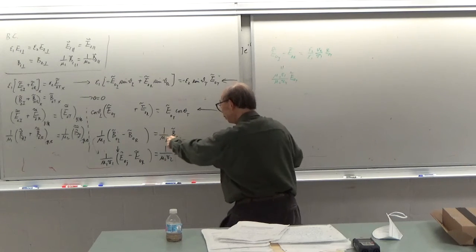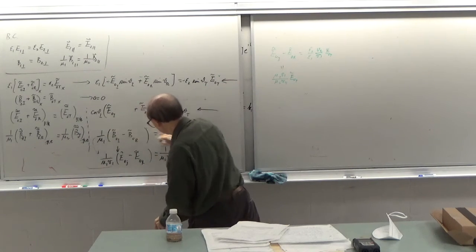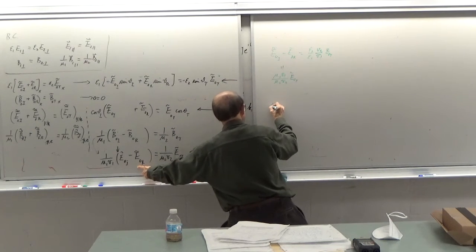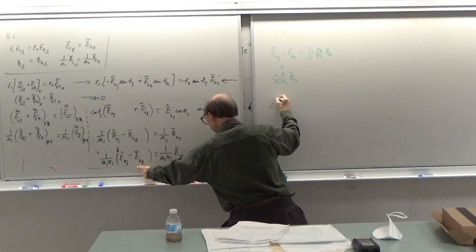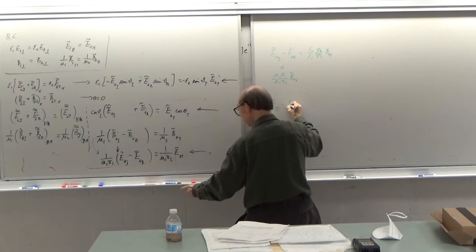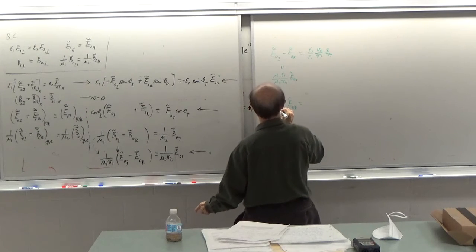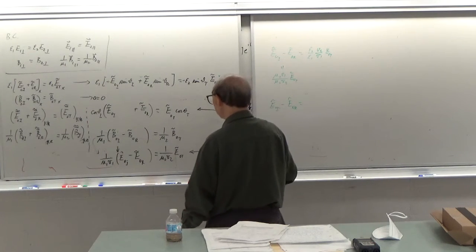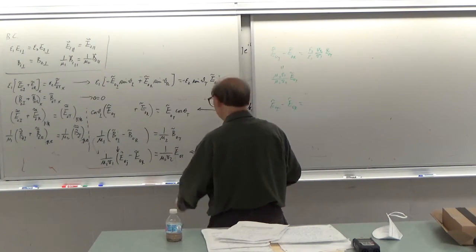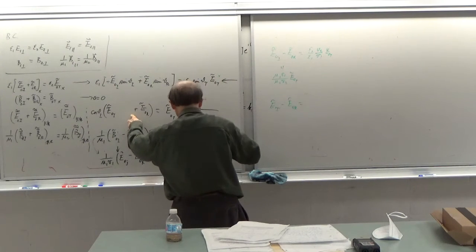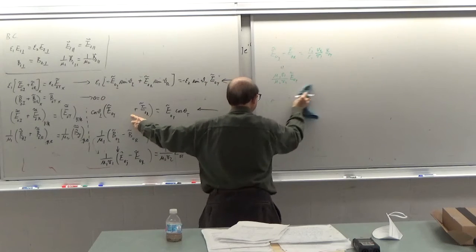Sorry. We have rewritten this already. Let me cross it out, not to confuse me. Oh, I'm sorry. I've written down this already. So I should be looking at this equation. The last one.